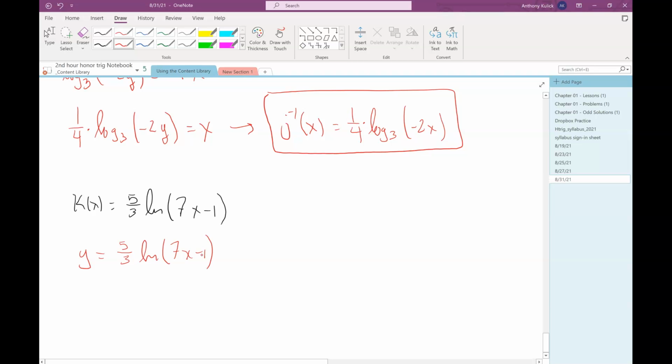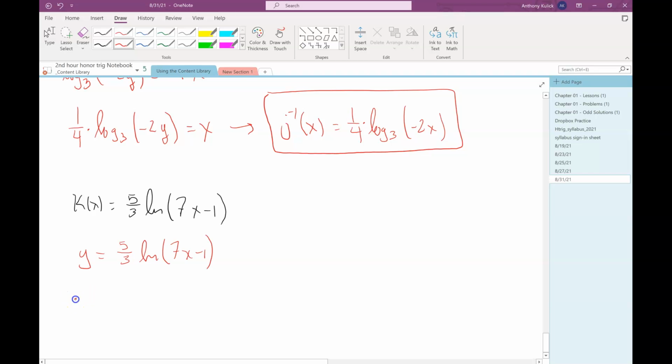And what to do next? Again, we're trying to get the x by itself. Give you a hint. We got to get rid of that 5/3.